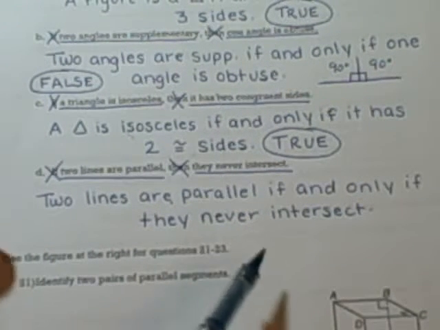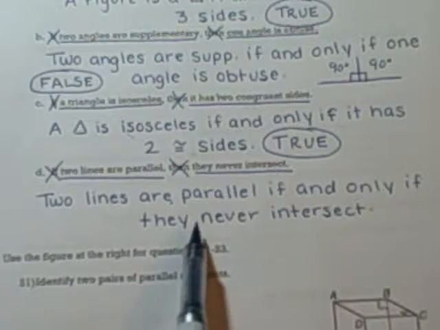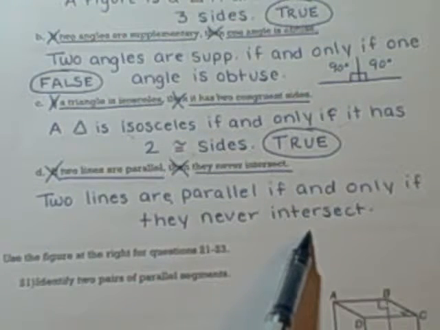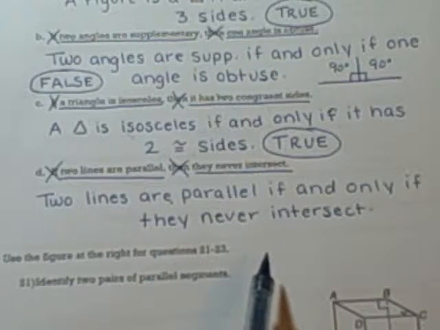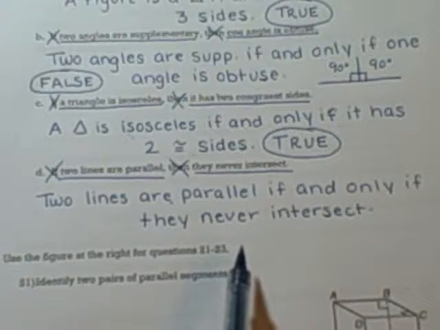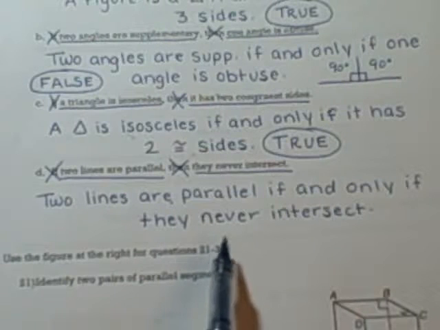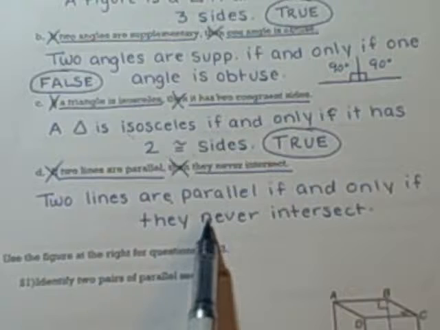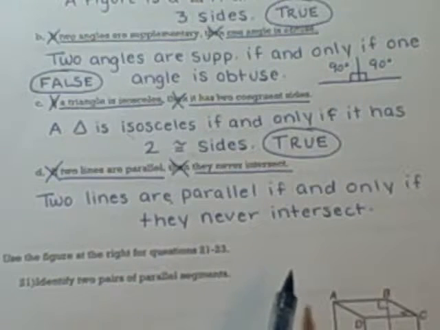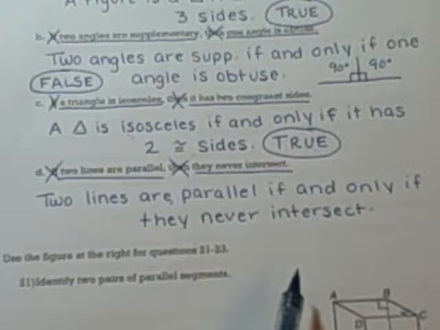Be very careful coming back the other way on this one, though. If you know two lines don't intersect, they have to be parallel. And again, I can see a lot of students, and probably even a lot of adults, thinking that that would have to be true, because that's usually what we think of the word parallel. But we learned about another type of line in our class this year that don't intersect, but that are not parallel.